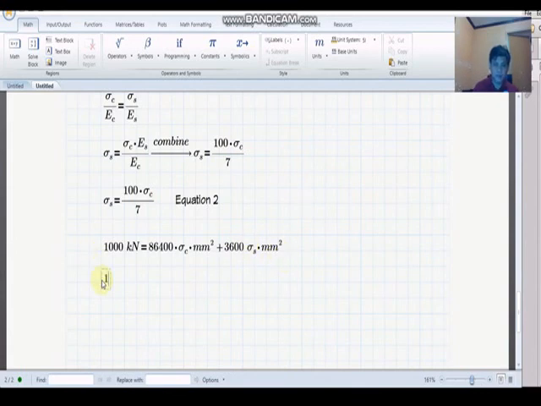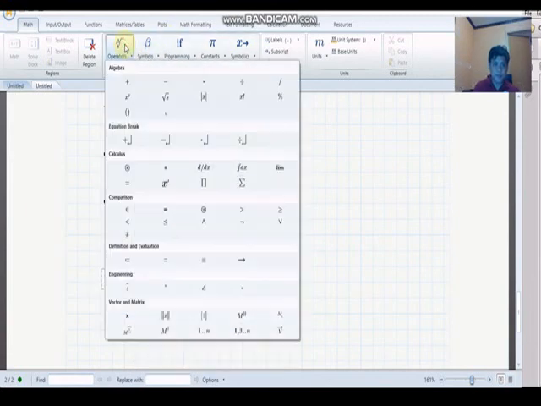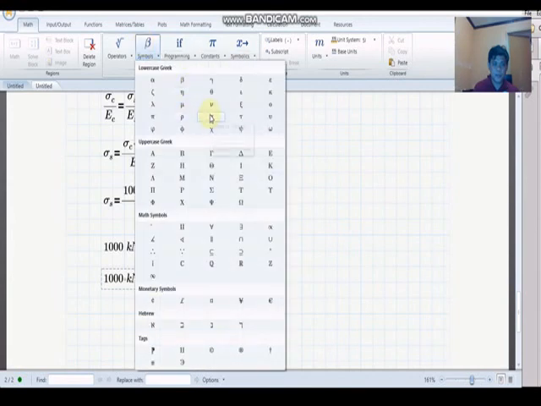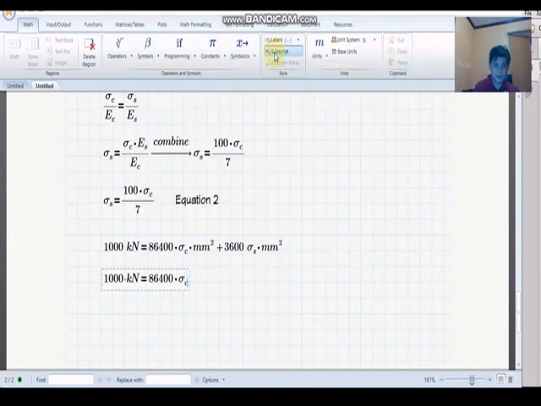So we have 1000 kN equals 6400 times the stress of the concrete, of course, don't forget the unit, plus 3600, this time we're going to use this value, times 100 times the stress in the concrete divided by 7.